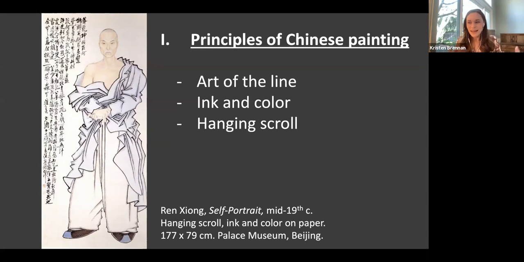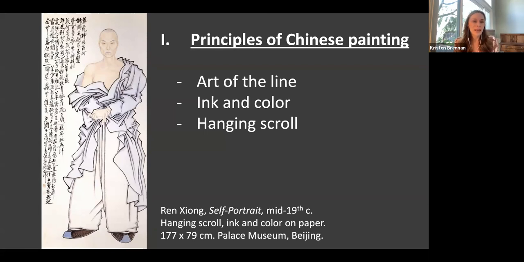Now, all of that, the ink and paper, of course, the ink and color, this is the materials, the methods behind Chinese painting, but also the thing that we don't want to miss is the importance of discussing format. Hanging scrolls and hand scrolls are two of the main formats that we see in Chinese art.